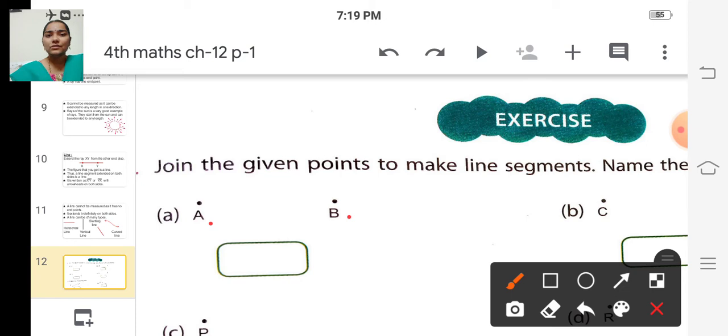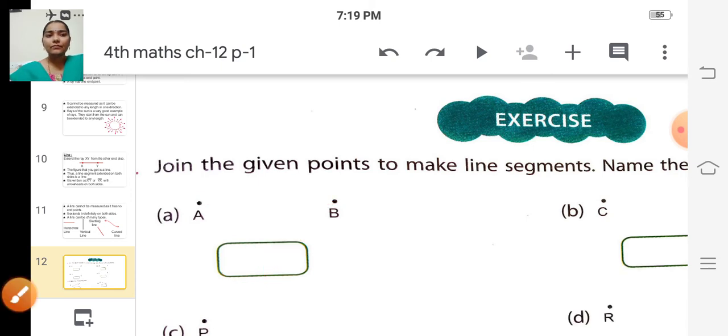We first join these 2 points to form a line segment, from A to B. And in this box we name this line segment: we write AB and put one bar above AB.